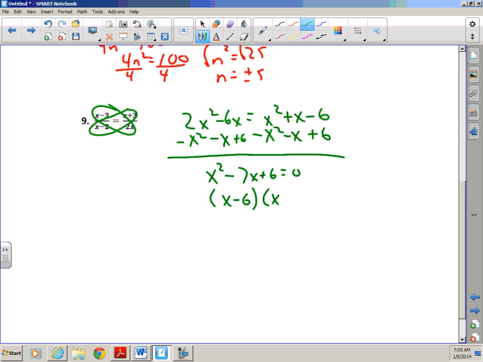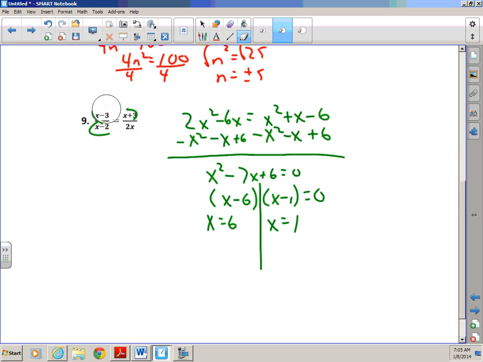X minus 6, x minus 1 is equal to 0. X is equal to 6, x is equal to 1. I got to go back and take a look, since I started with fractions, and see if either of these two make the denominators zero. No extraneous solution.